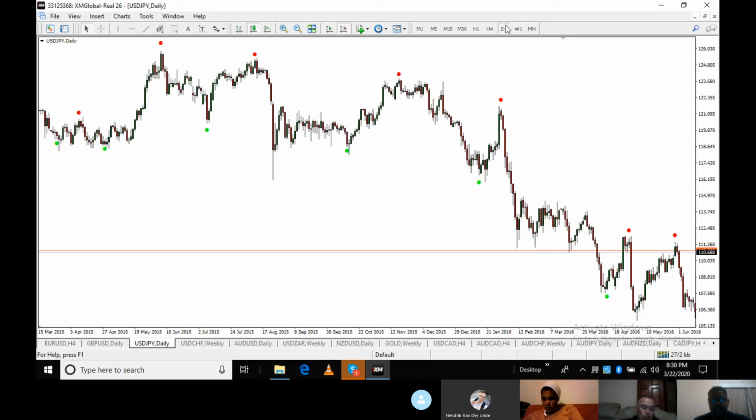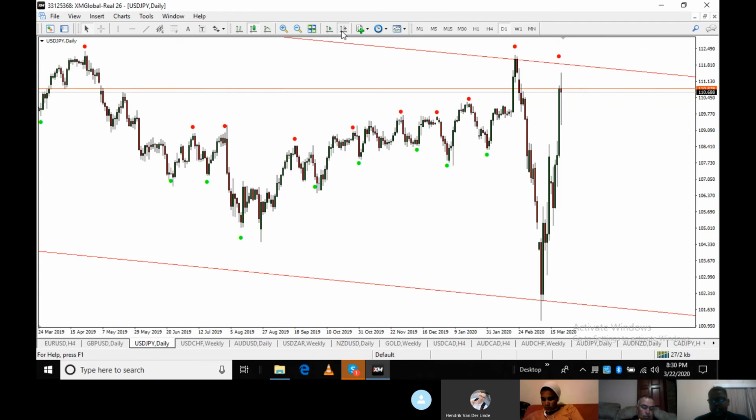So I want to see if I see any clues on a daily time frame. This candle over here tells me that the upwards momentum is running out, because the market has been running rampantly upwards in favor of the dollar.